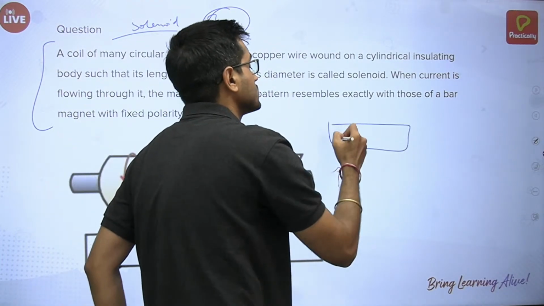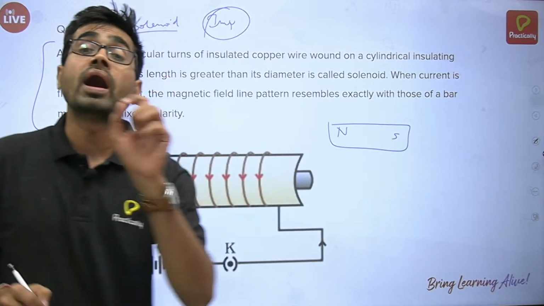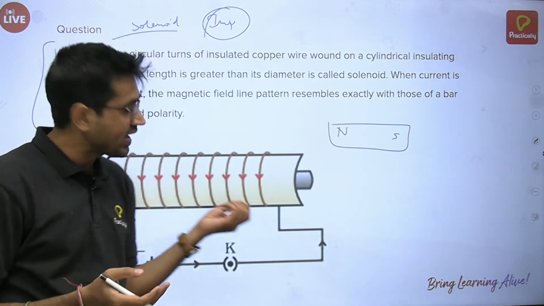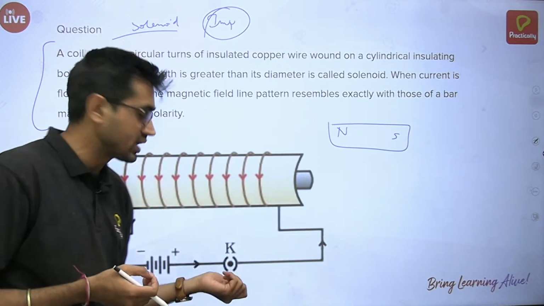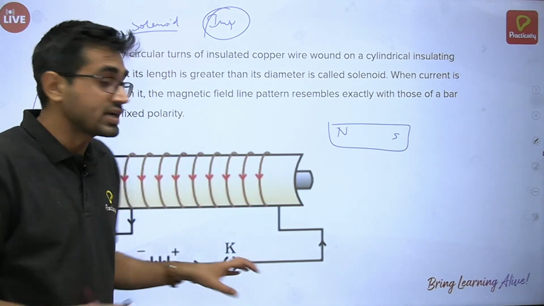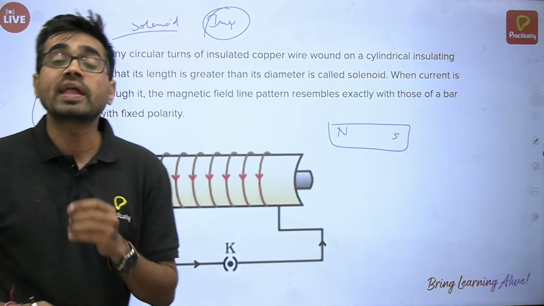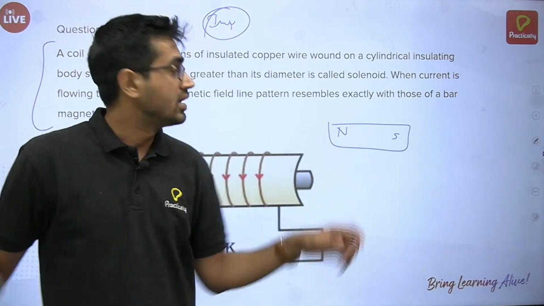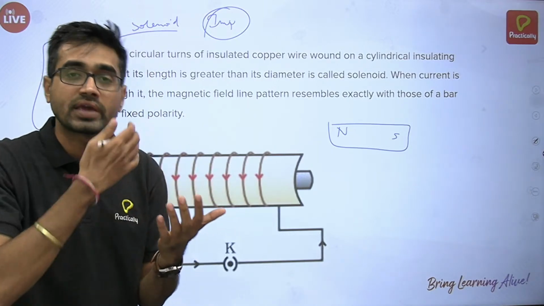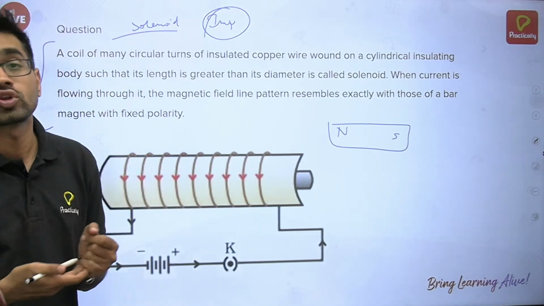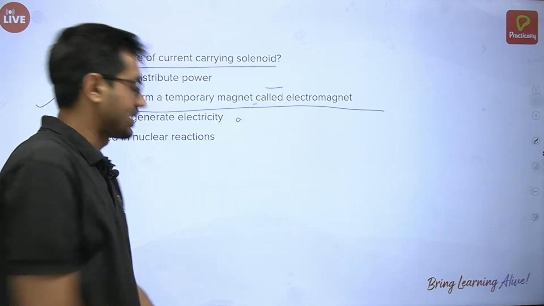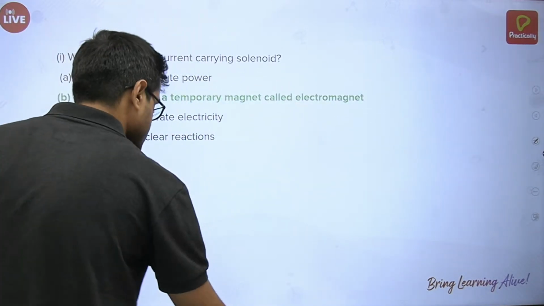But this is not a fixed permanent magnet. The moment I open the key so that there is no current flowing in the circuit, this magnetism is lost and it does not behave as a magnet. It is a magnet only when electric current is flowing through it, and that's why it's called an electromagnet. So the solenoid is used as an electromagnet.